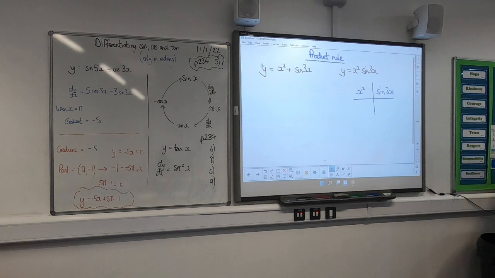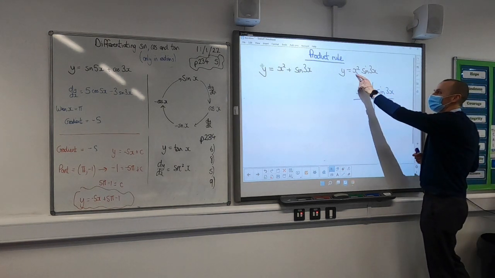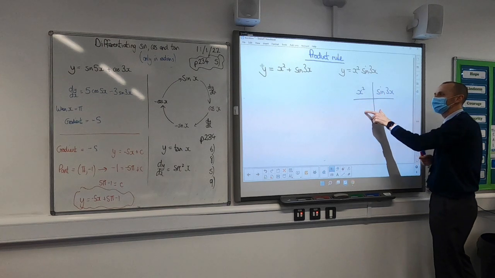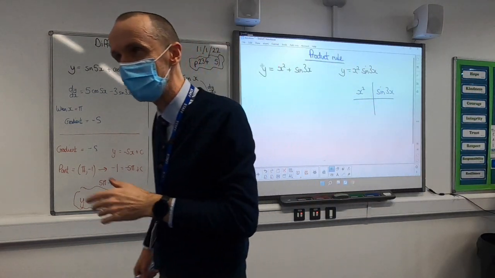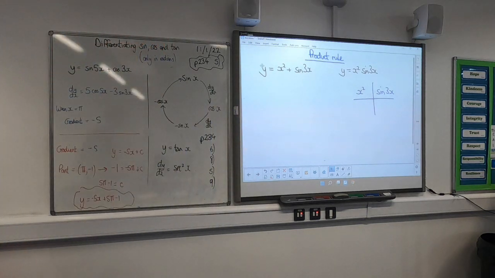First thing you do is you differentiate them separately. And I always like to set it up in a little grid. My now long retired colleague would call these her windows. So you put the 2 things that are multiplied together in your function there, and then underneath you put the 2 things you get when you differentiate them separately. So if you fill in your windows.